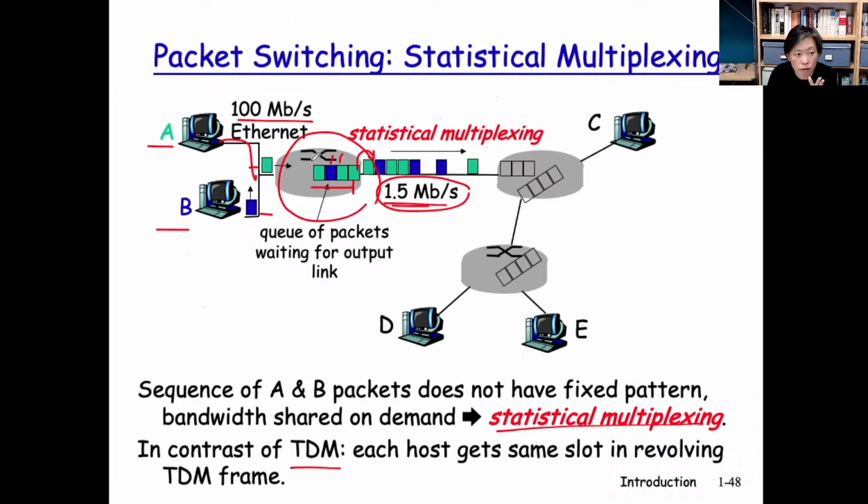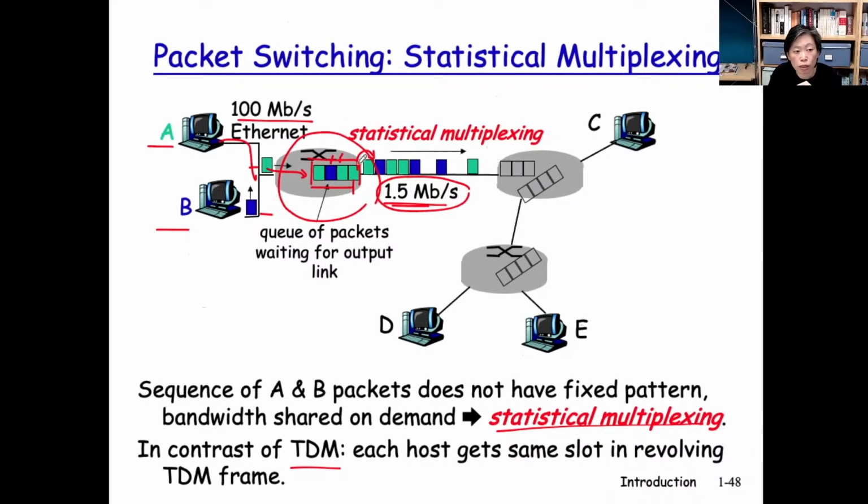And if there's not enough space here for the queue, the next one, the green one coming here, will need to be dropped, because there's no memory space to hold it. And for those packets waiting in the queue, it depends on how long the queue is as they come in to the router. The queuing delay can vary. It can be a little uncertain.